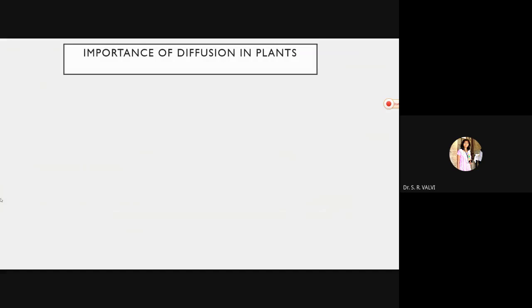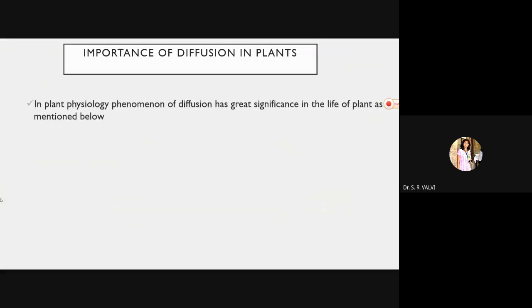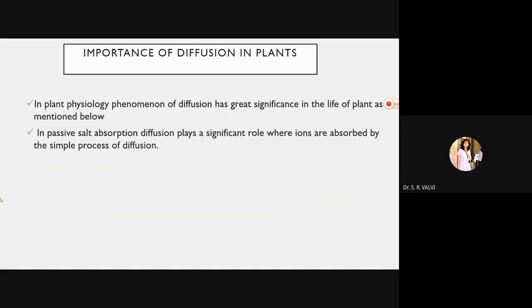In plant physiology, the phenomenon of diffusion has great significance in the life of the plant, as mentioned below. In passive salt absorption, diffusion plays a significant role, where ions are absorbed by a simple process of diffusion. You might have heard of two kinds of absorption, active and passive.